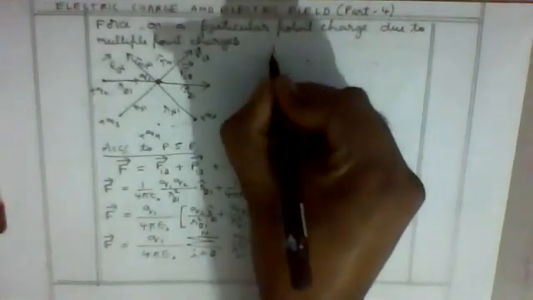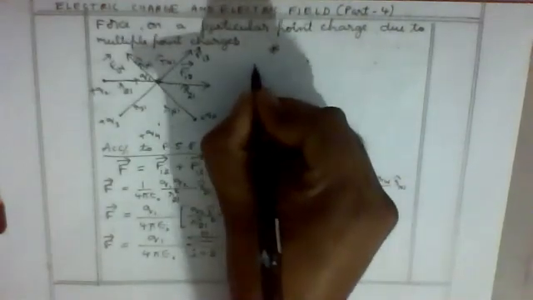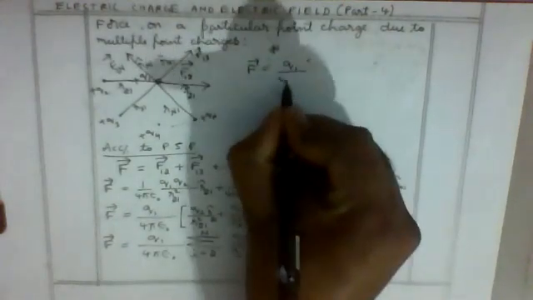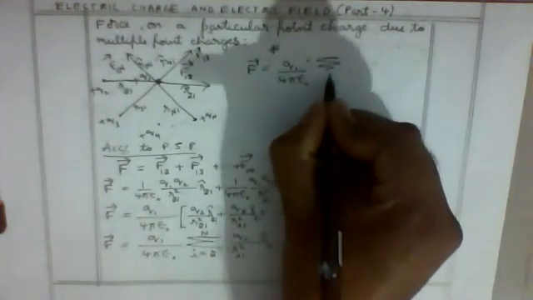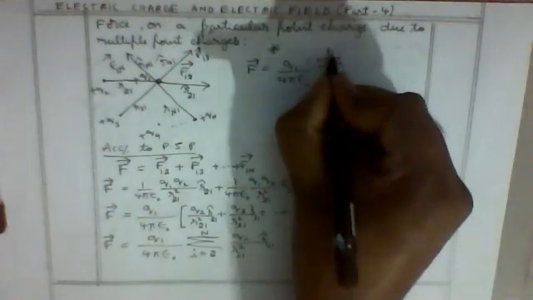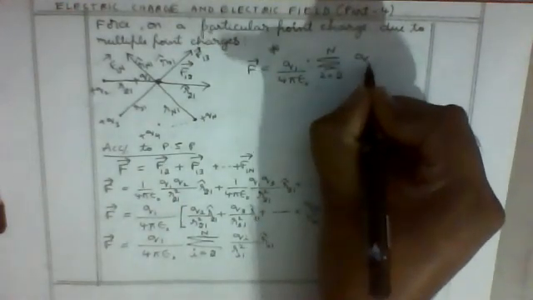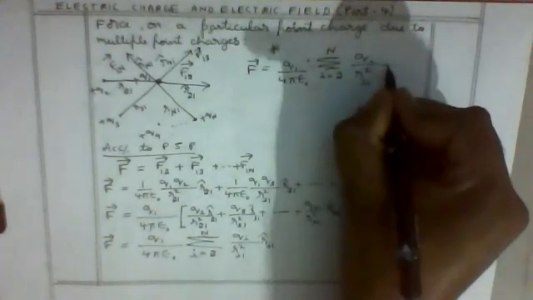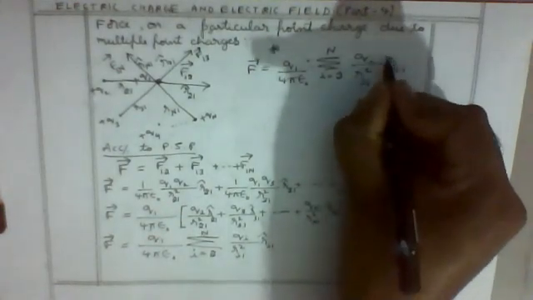So finally, this is the final mathematical expression. This is very, very important. F vector is equal to Q1 divided by 4 pi epsilon naught, summation of i equal to 2 to n, Qi divided by Ri1 square into Ri1 cap.